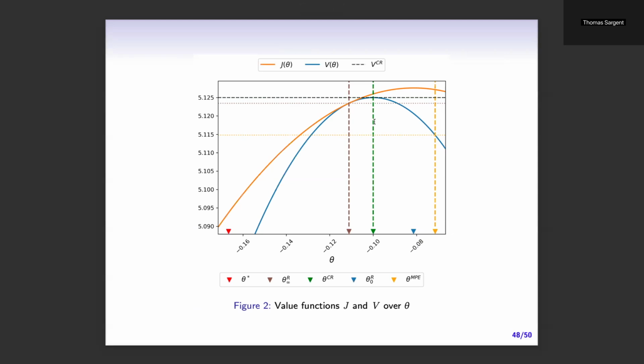Here's J of theta. That's what we talked about last time. That's the continuation value, the continuation Ramsey planner's value function. What V of theta is, that's something else.